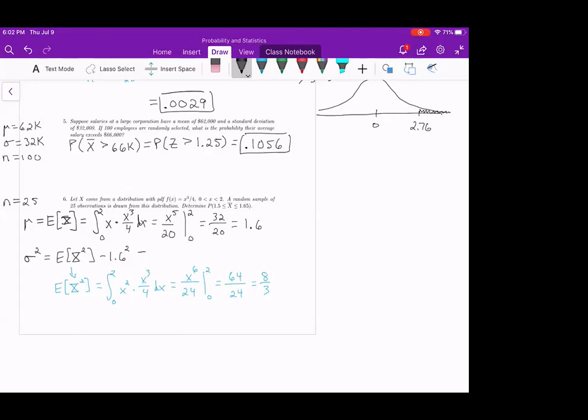So then I'm going to go back here and plug that in. So you've got 8/3 minus, so 1.6, I want to put that into fraction form. That's going to be 8 over 5 squared. Which you've got 8/3 minus 64/9, which is going to be 24 minus 64.